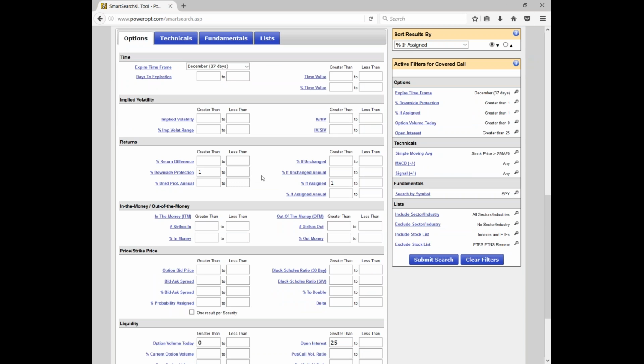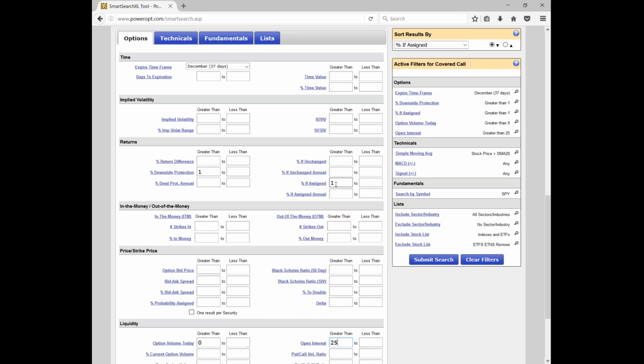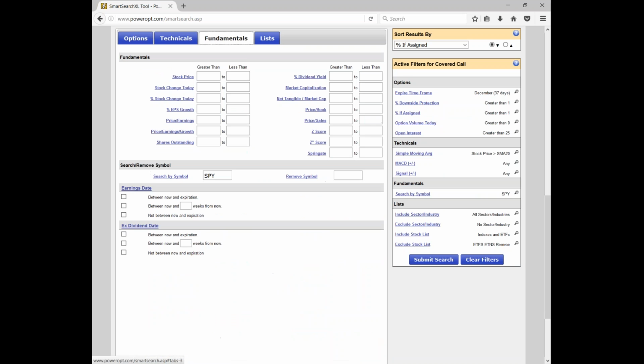But the system's working perfectly fine. If it's not there, it's because one of your other criteria might be something as simple as the volume or the open interest for the option, or it might have a 0.9% if assigned and a 1.5% downside protection, but it's just being filtered out. Doesn't mean it's a bad trade, but if you don't see a result you're looking for and you've got 40 or 50 results, go to fundamentals, plug in SPY.